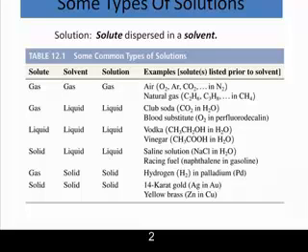While we think of solutions most often as two liquids together or liquids and solids, as you can see from this table, we can actually have multiple types of phases combined to make what we consider a solution. And a solution, remember, is a homogeneous mixture, mixed at the molecular or atomic level.